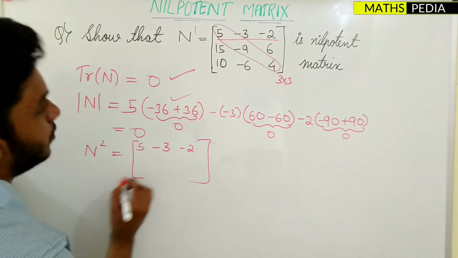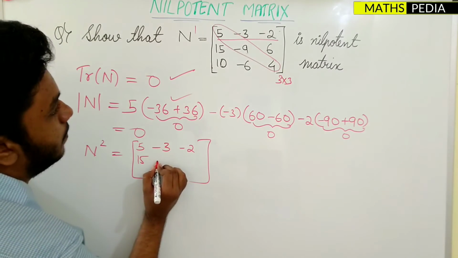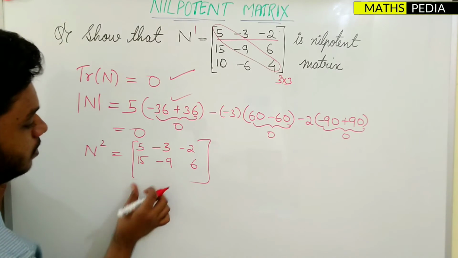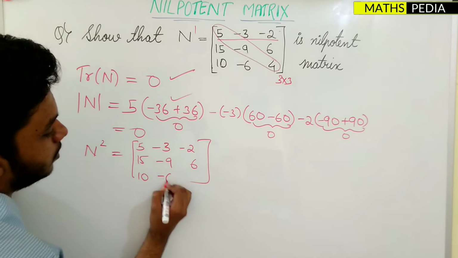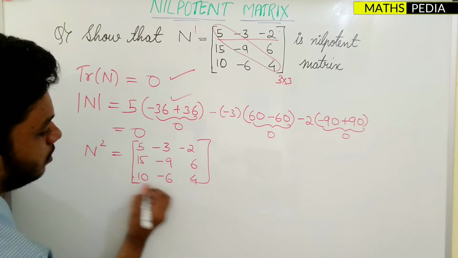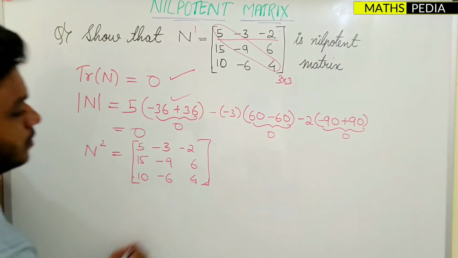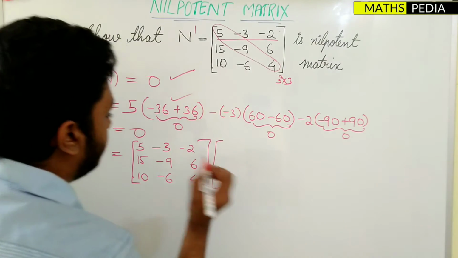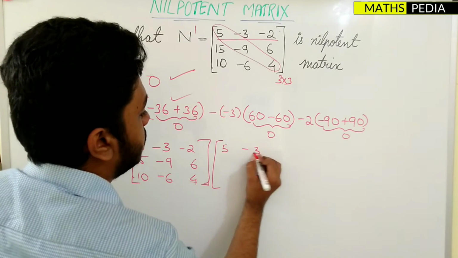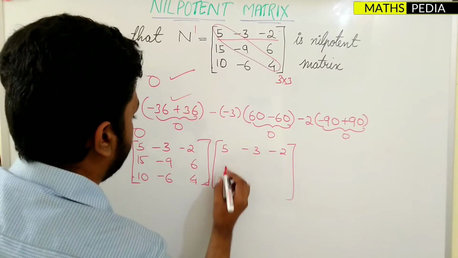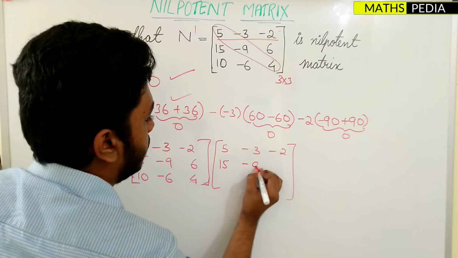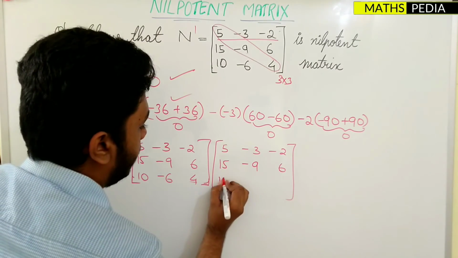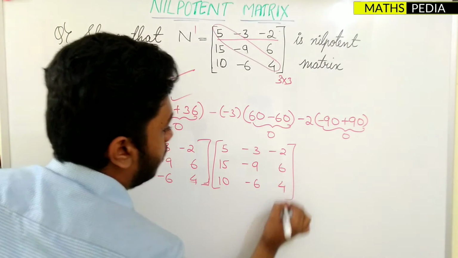I'll write the same matrix: 5 minus 3 minus 2, 15 minus 9 6, 10 minus 6 4. Now again I have to write the same matrix, that is 5 minus 3 minus 2, 15 minus 9 6, 10 minus 6 4.